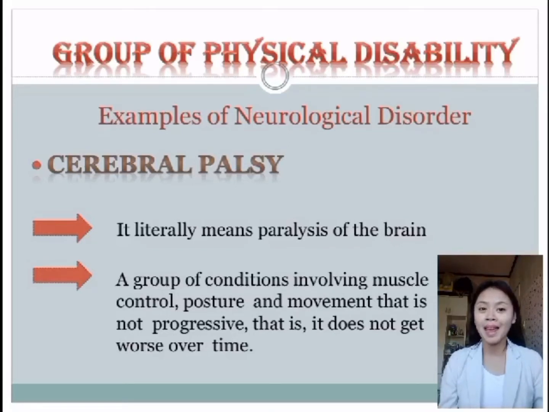The brain was paralyzed, which explains that the problem does not occur in the muscles but in the brain. It is the brain's ability to consistently tell the muscles what to do. It is a condition involving muscle control, postures, and movement that is not progressive. When you say it's not progressive, it is not developed, which means it does not get worse over time.